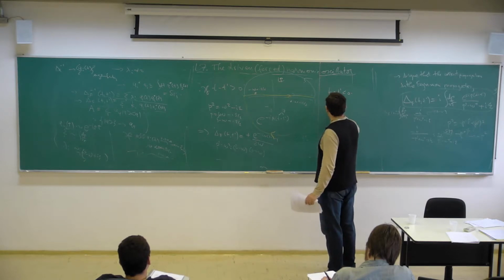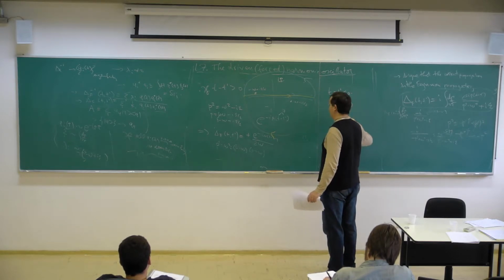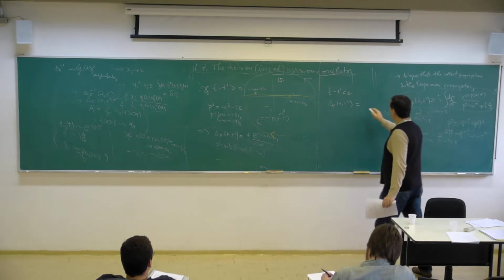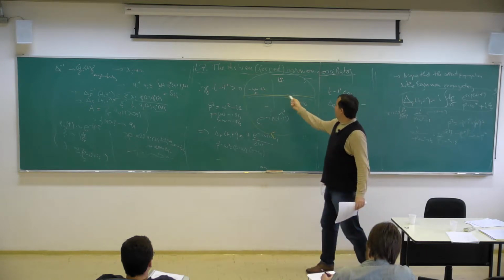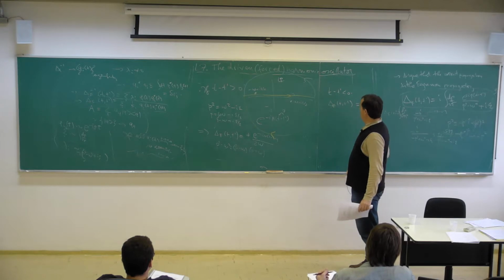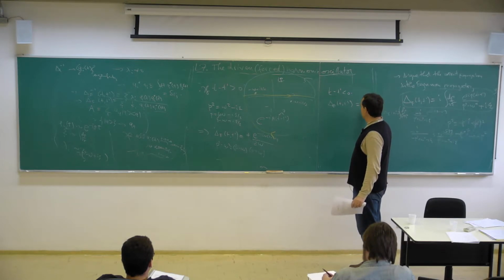In this case, delta f of t minus t prime is, I get 2 pi i, which gives me the same minus, but now the contour is anti-clockwise, so that doesn't give an extra sign.